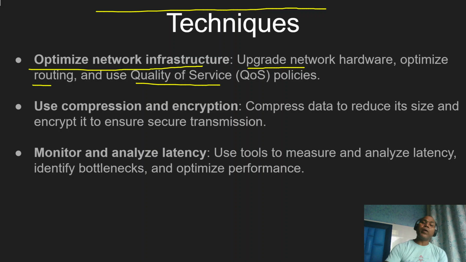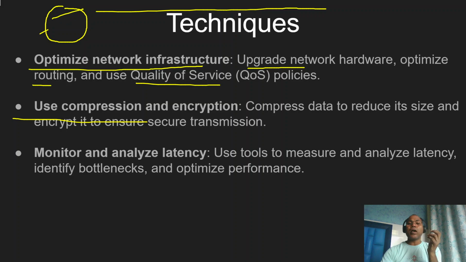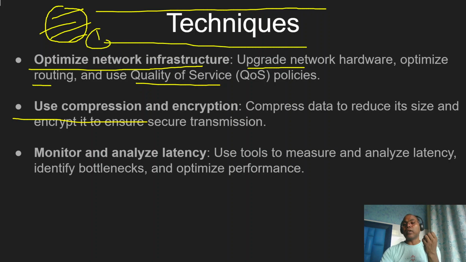You can also use compression and encryption technology. For example, I have a big data size. Why not compress it, minimize it, zip it, decode it, and then traverse it again. There are lots of compression techniques which reduce your data size.